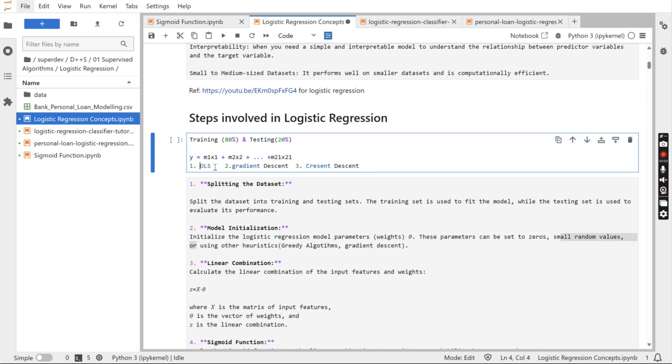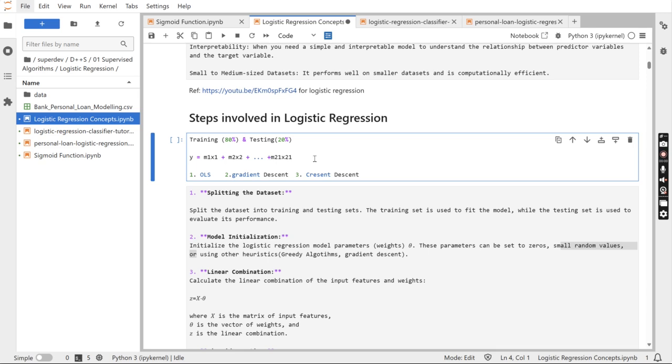Linear regression uses OLS, meaning ordinary least squares. In this equation you have to find out m1, m2, up to m21. In OLS, you will not randomly initialize m1, m2. Instead, you will flip the equation to get the exact or approximate values of m.